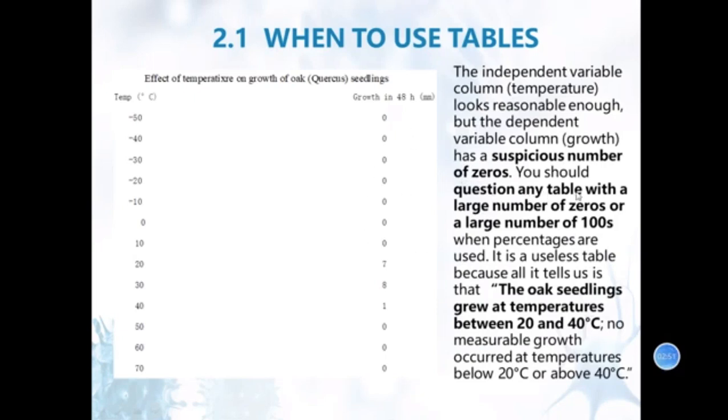Any table with a large number of zeros or a large number of 100s, when percentages are used, is a useless table, because all it tells us is that the oak seedlings grow at temperatures between 20 and 40. No measurable growth occurred at temperatures below 20 or above 40, hence the many zeros.